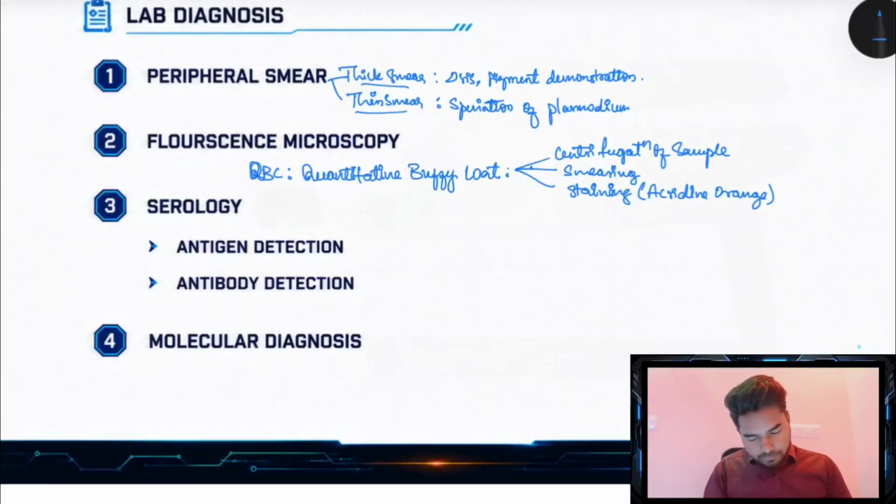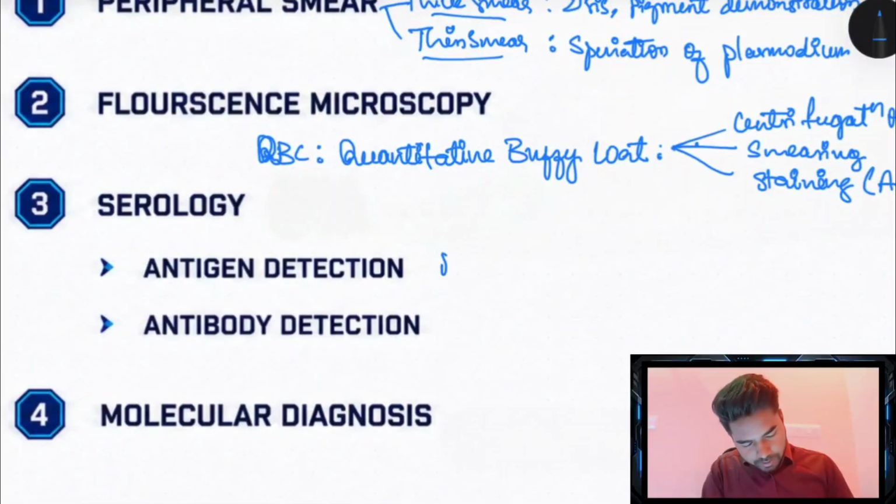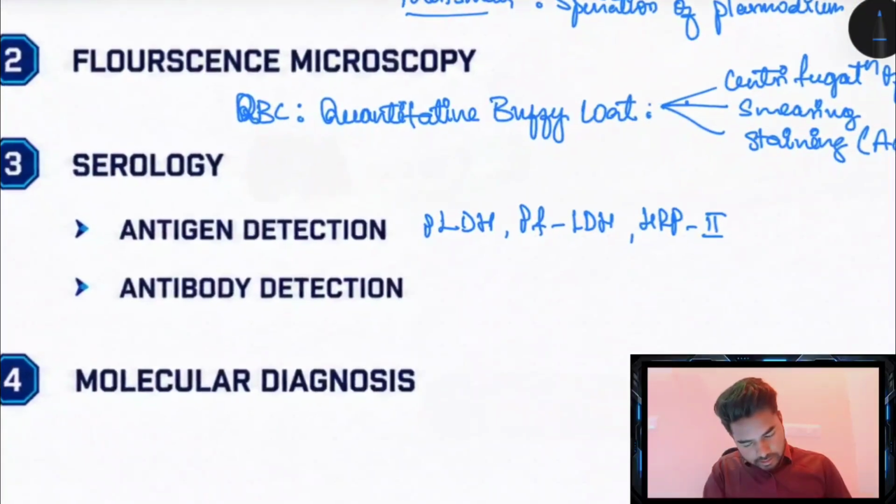Then antigen detection. You should remember only for antigen: pLDH first one, second is PfLDH, then third is HRP 2. Then antibody detection. It is less important for antibody detection.